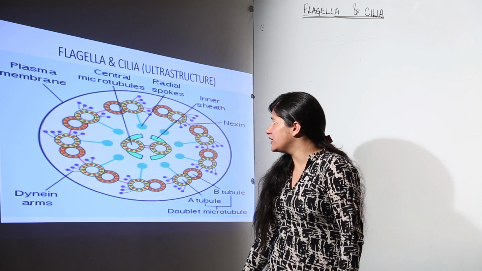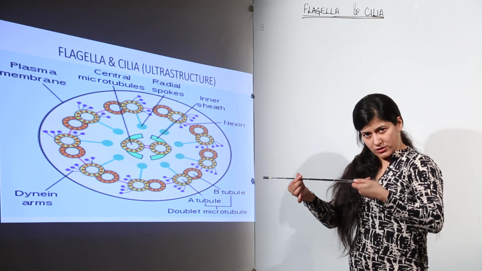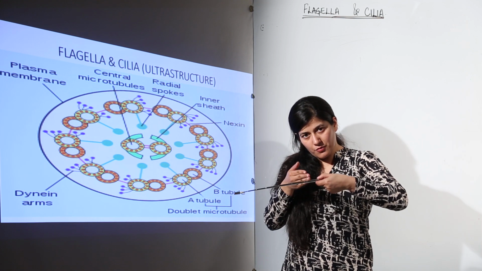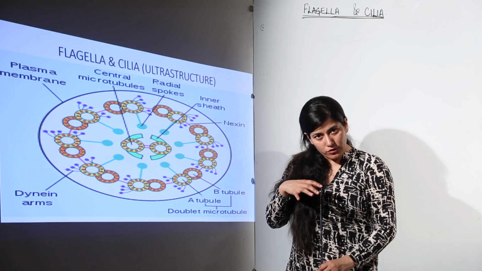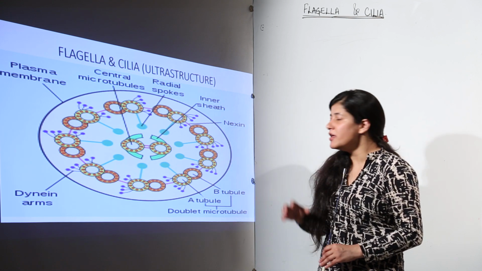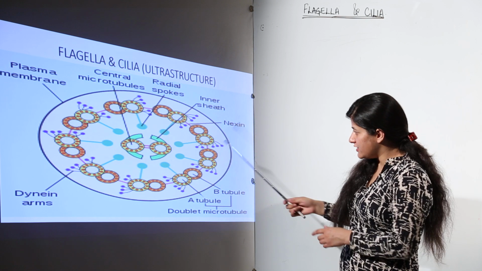Next, what we deal with is how this flagellum or cilium, supposedly this is the flagellum or the cilia which I am talking about, looks when I cut it from here and then observe it from this angle under an electron microscope. So we get to see this ultrastructure that you can see over here.